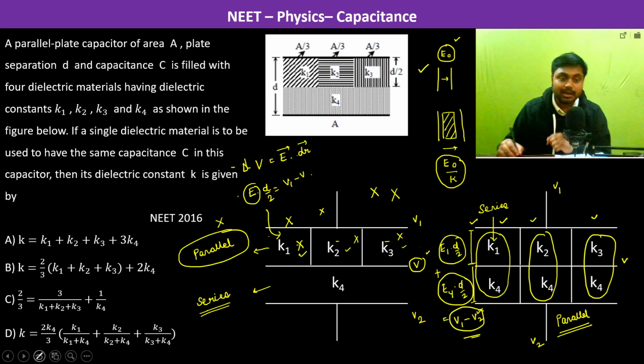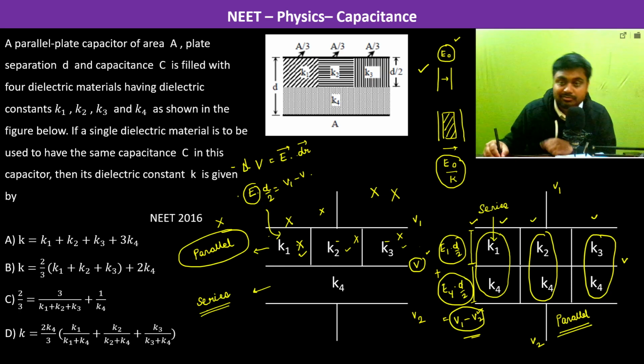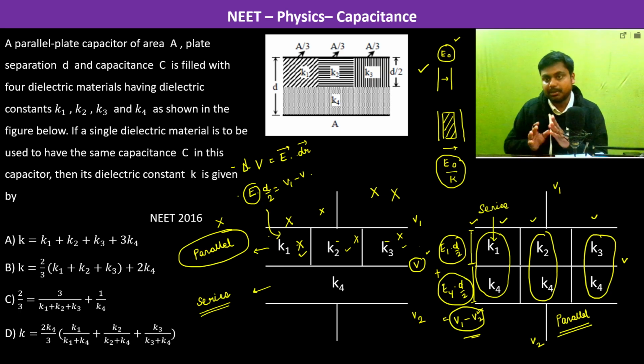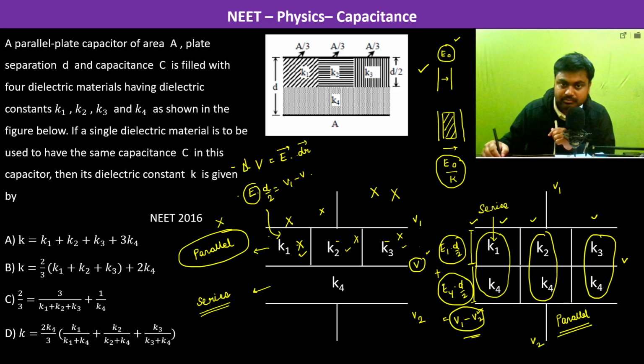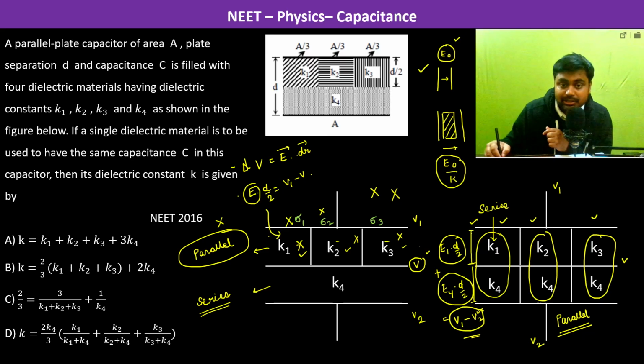In fact, what is going to happen here is a little strange, but we have to be clear about this. At all the three there is going to be a different surface charge density, because the electric field has to be adjusted.